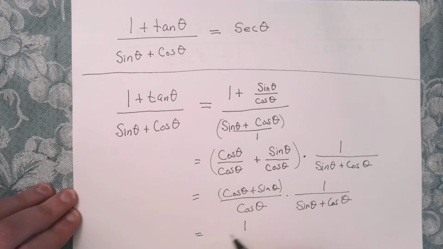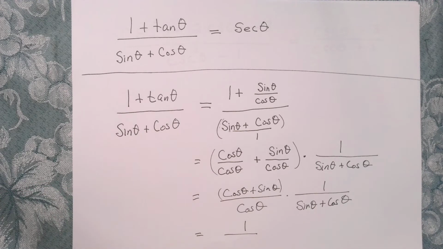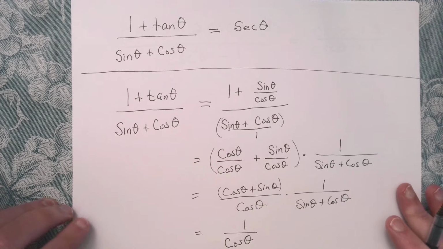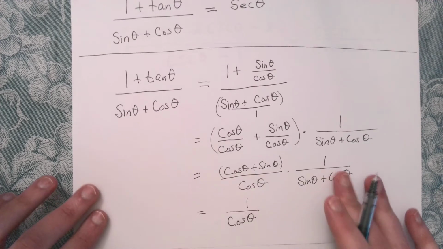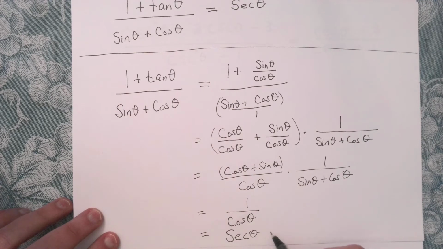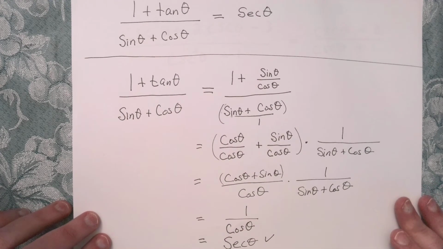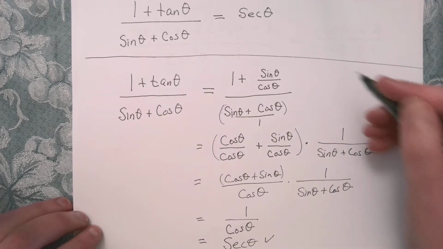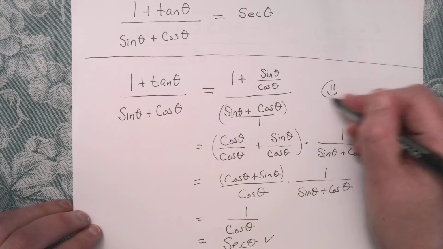So I get 1 over cosine of theta. But that's one of our reciprocal identities, right? So 1 over cosine of theta is exactly secant of theta. So that's nice. We were able to verify our trig identity. Okay, so that's another one. I'm happy about that.